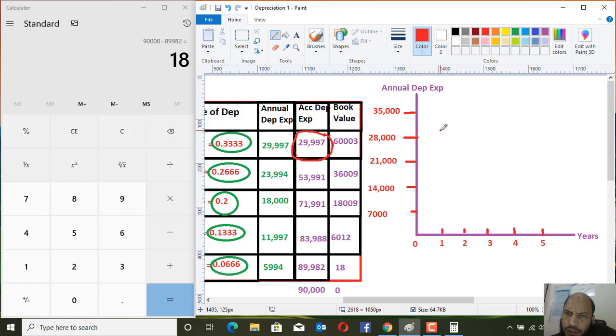Consider that this is the 29,000 point, and then we have the annual depreciation expense 23,000, which is this place for year 2, and then we have 18,000, which is something like this place, and then we have 11,000, it is like this place, and finally we have 5,994.